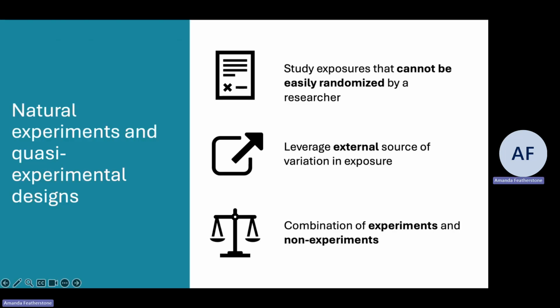Natural and quasi-experiments are useful in that they can allow researchers to study exposures that cannot be easily randomized. They do so by leveraging an external source of variation in exposure, and they can be considered a sort of combination of experiments and non-experiments.